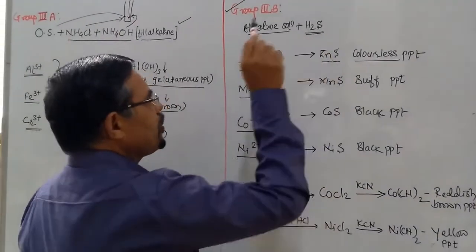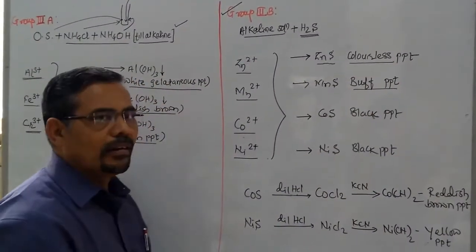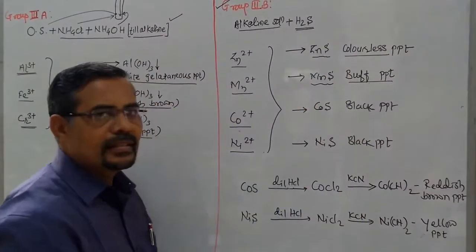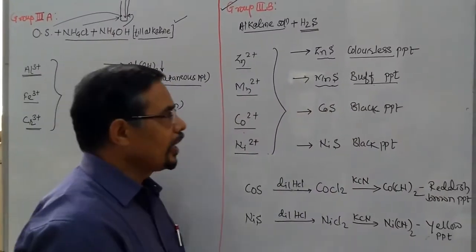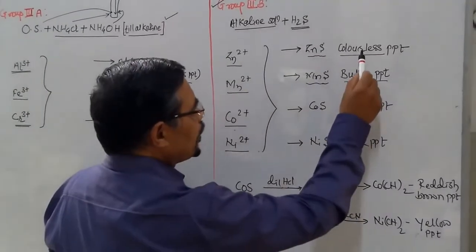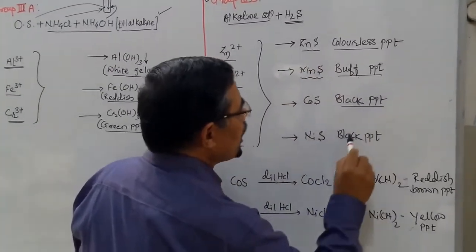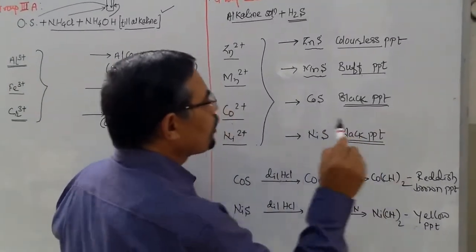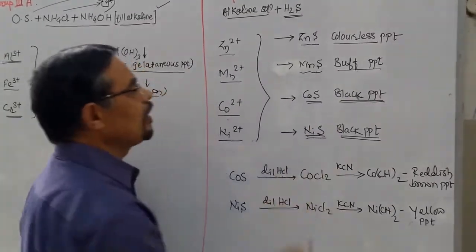If after addition of H2S we get buff colored, that is pink colored precipitate, this precipitate is due to manganese sulfide and it indicates the presence of Mn2+ ions in the original solution of mixture. If there is no colorless precipitate, no buff precipitate, but there is a formation of black precipitate, the black colored precipitate is formed due to cobalt sulfide or nickel sulfide.